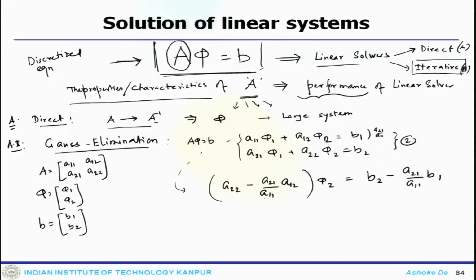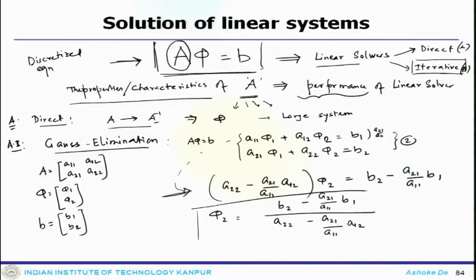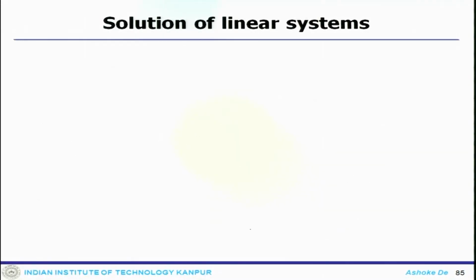Now, if you look at this particular equation, the two unknowns now boil down to a single unknown, which can be directly obtained: B2 minus A21 by A11 B1, divided by A22 minus A21 by A11 A12. It is just algebra which will get you phi 2, and once you know phi 2 and put it back, you can always get the other unknown phi 1.